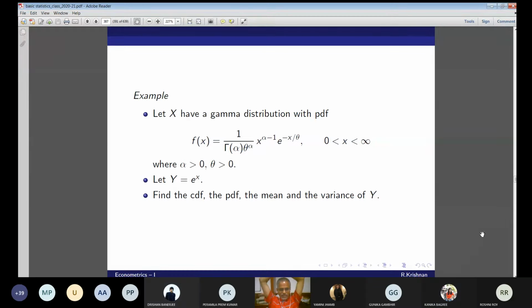Let Y is equal to e power X. Find the CDF, the PDF, the mean, and the variance of Y. Is it difficult for you? Try.